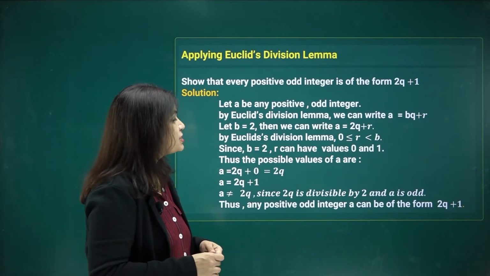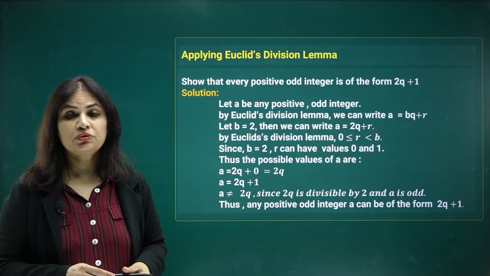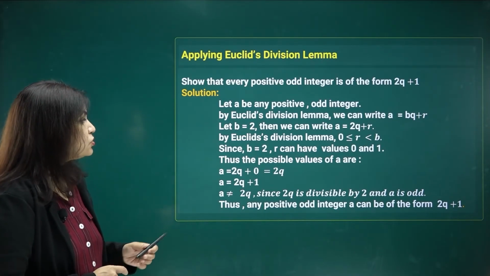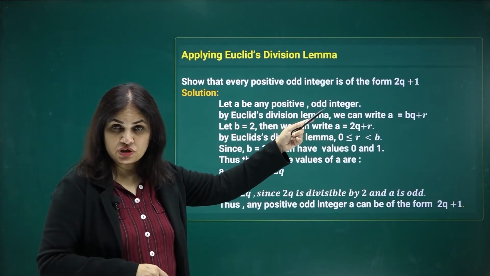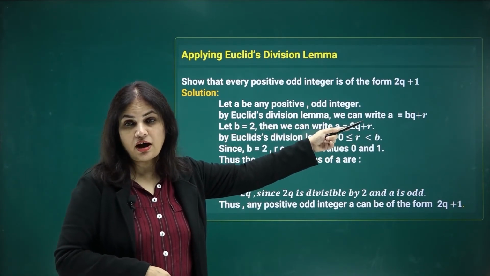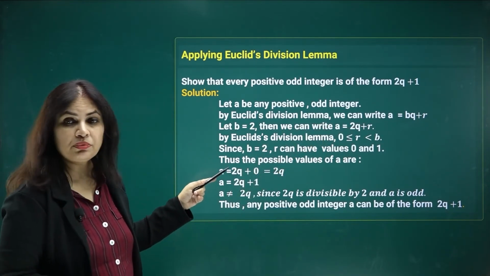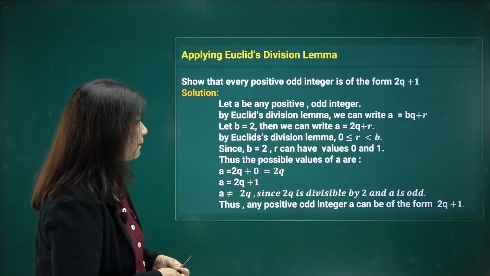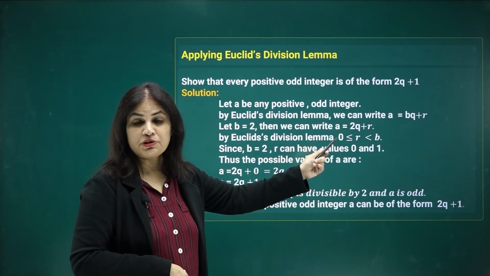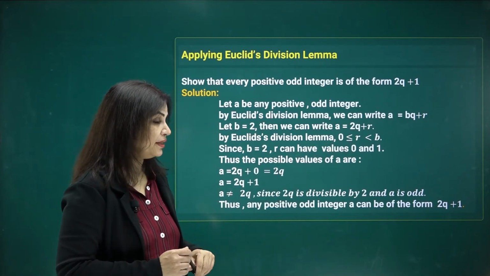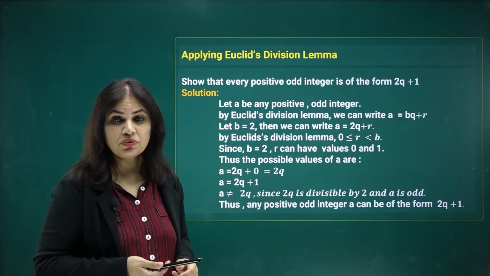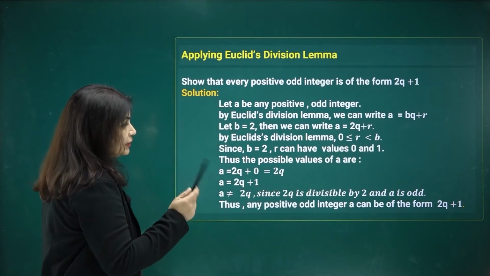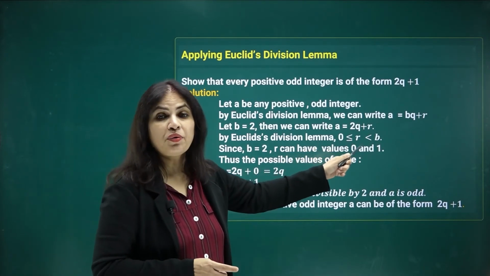For this, we start with let B equal to 2. What is B? B is my divisor. So in the given equation A is equal to BQ plus R, if I put B equal to 2, then A is equal to 2Q plus R, and R always lies between 0 and B. R is greater than or equal to 0 and less than B. So in that case, if B is 2, R will take only two values, 0 and 1.